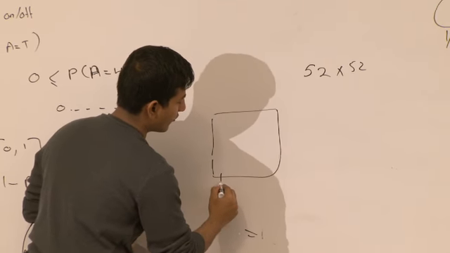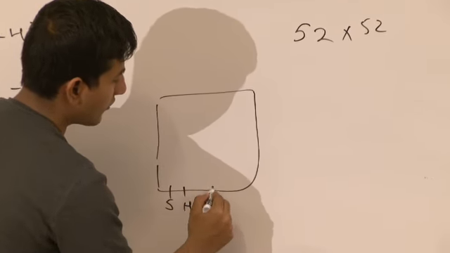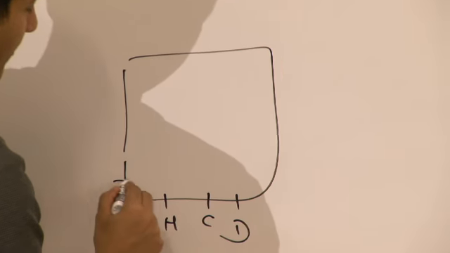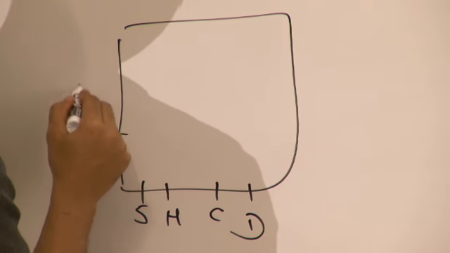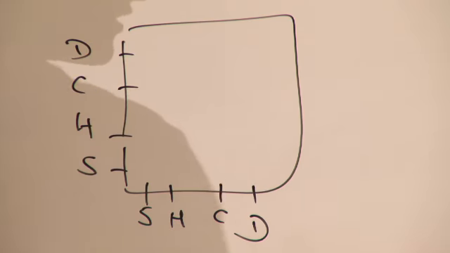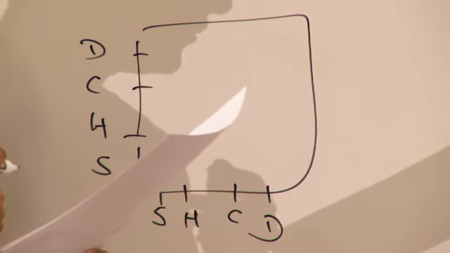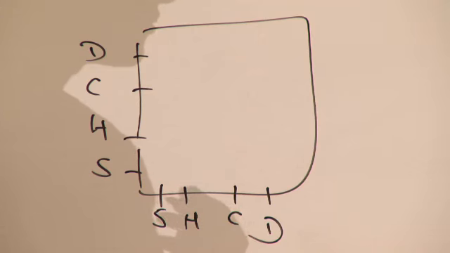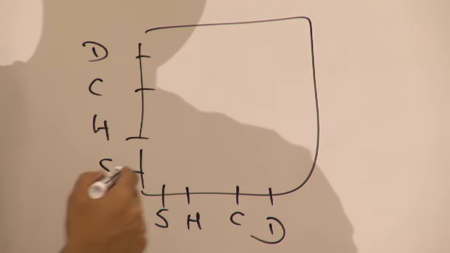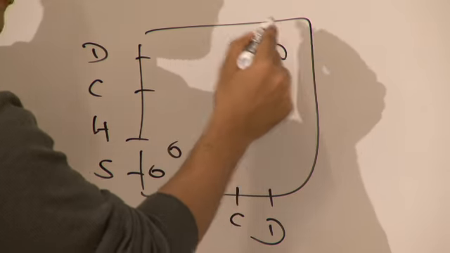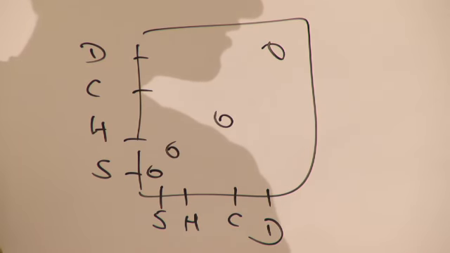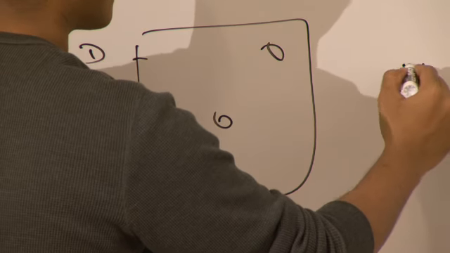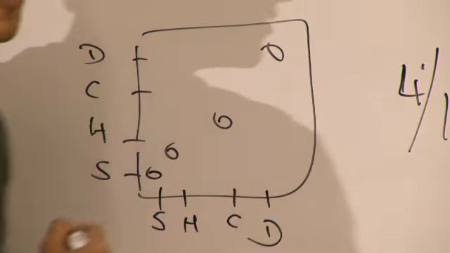It could have been spades or hearts or clubs or diamonds. So we want two cards of the same suit, right? So it's 4 over 16 possible outcomes.